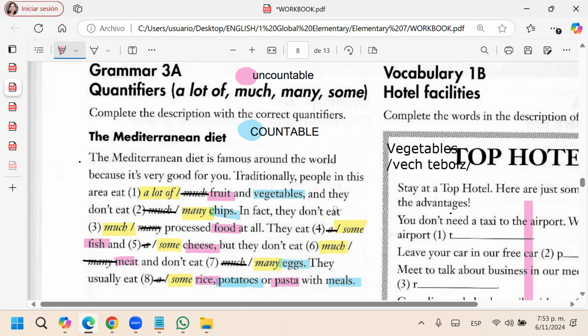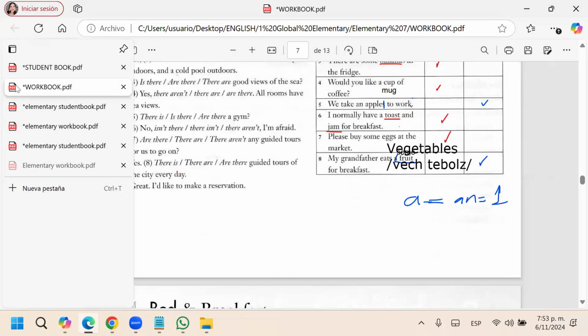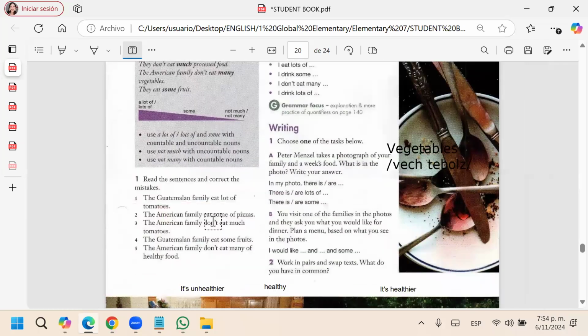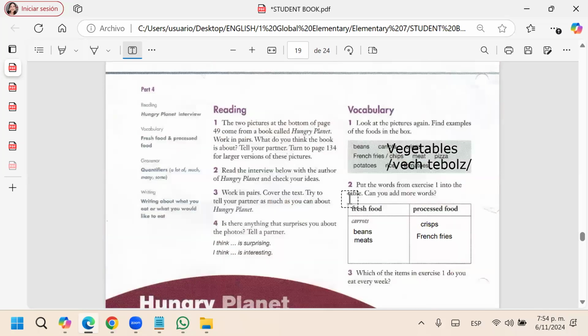Yo les voy a estar pasando una lista de imágenes con comida, contable e incontable, para que la vayan memorizando, porque vamos a estar viendo mucha comida esta semana y la que viene. Y sobre todo, para que estén 100% seguros de cuando quieran usar much, many, a few, a little, ya sepan.